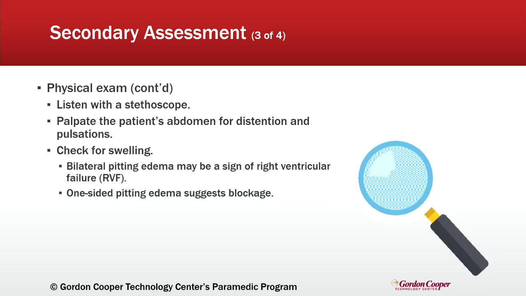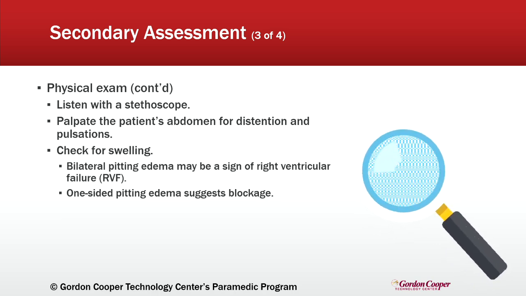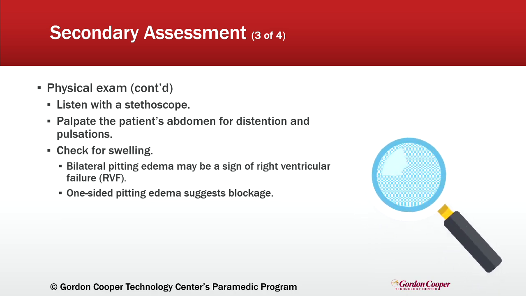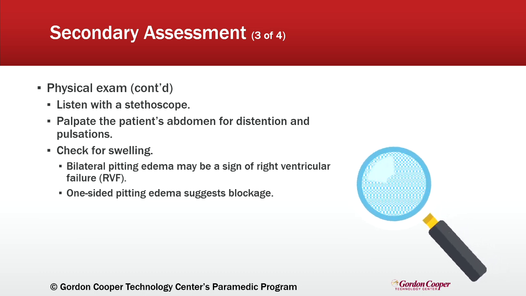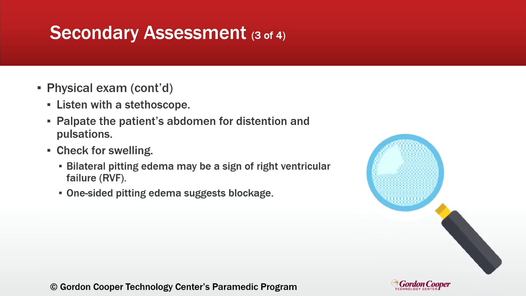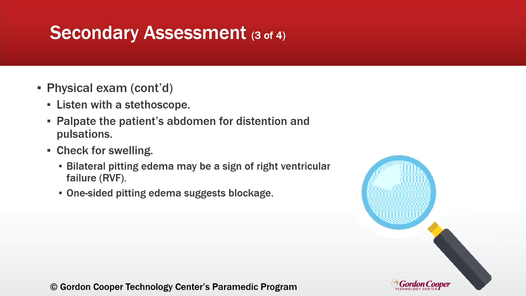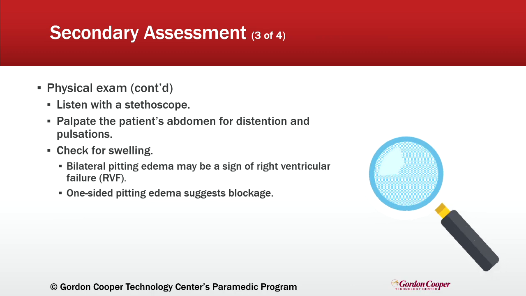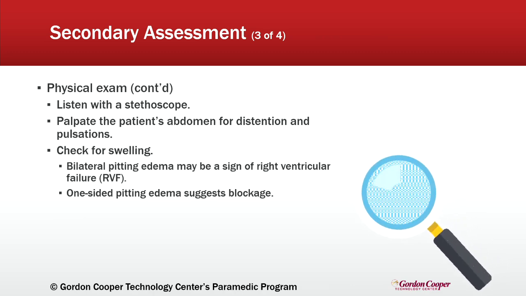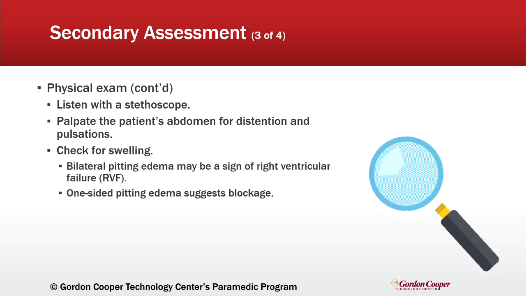Now, when you're conducting a physical exam for a patient with cardiac concerns, auscultation and abdominal assessment are key components. So let's talk about those points. So as you listen to the patient's lungs, be attentive for crackles or wheezes. Now, those sounds may indicate left ventricular failure with pulmonary edema, which can signify serious heart issues requiring immediate attention.